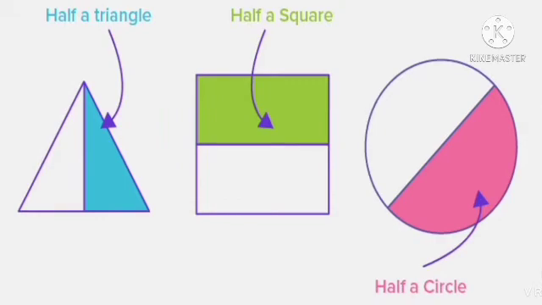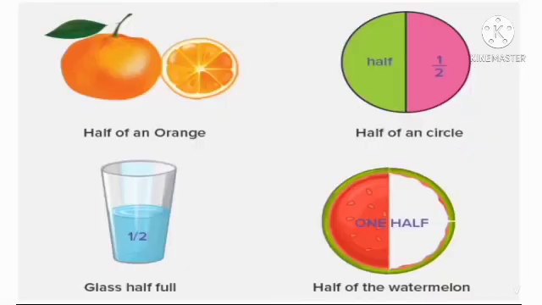Hence, the fraction 1 by 2 can also be read as half. Here, half a triangle, half a square, half a circle. See the examples: half of an orange, half of a circle, a glass half full, half of the watermelon.